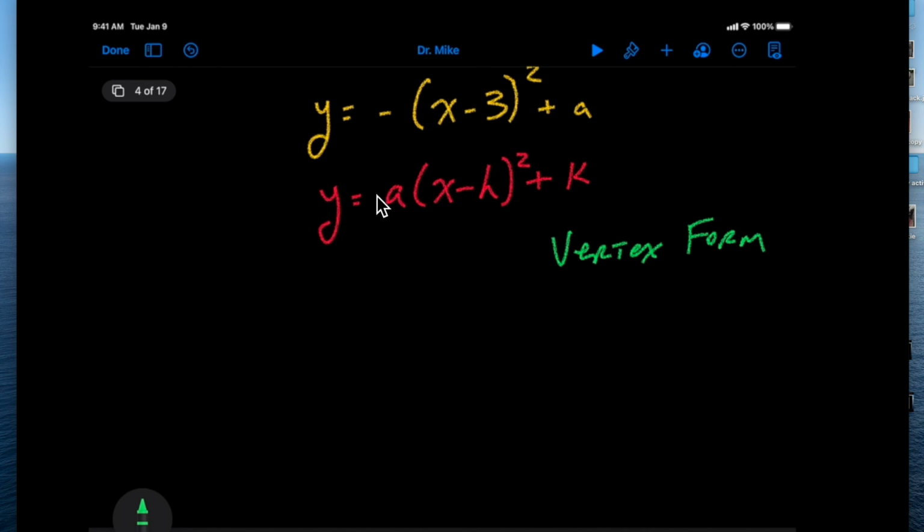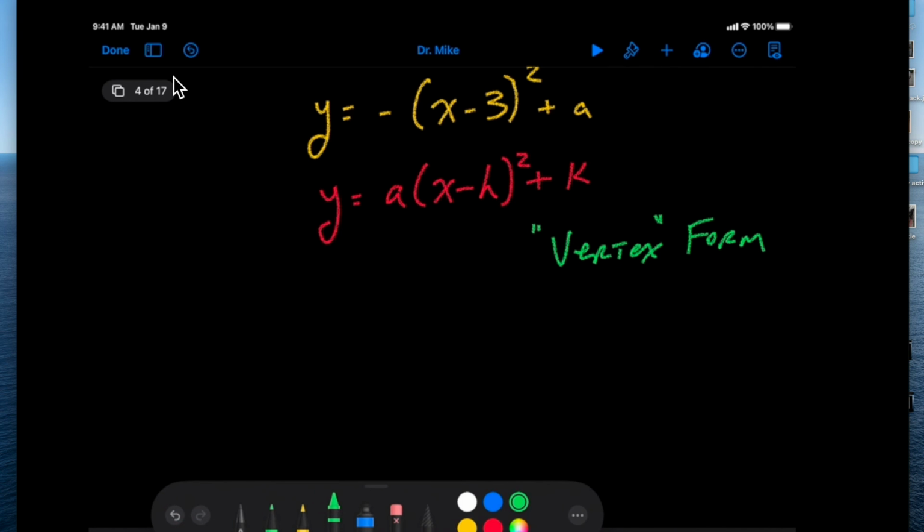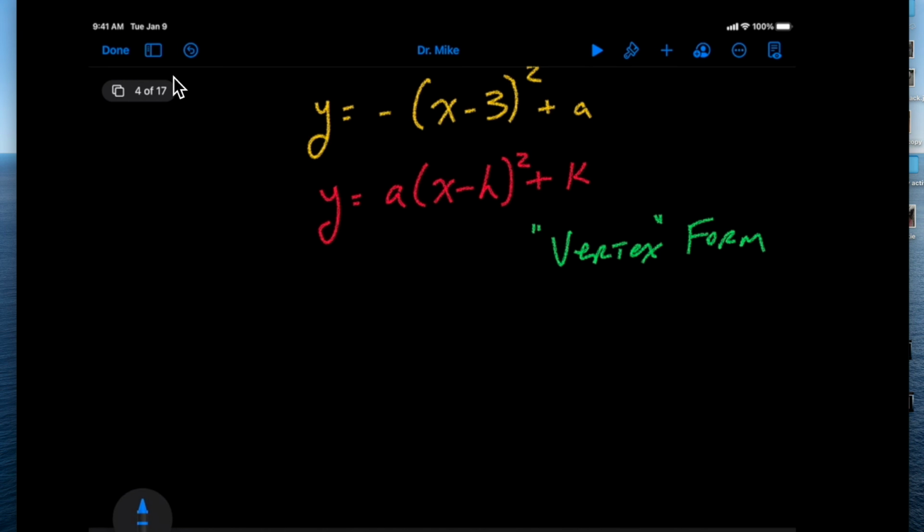And this red equation is a generic form of the vertex formula. So when you see the words vertex form, that means just by looking at this, you can tell what the vertex is. It's very similar to the scenario where you have slope-intercept.